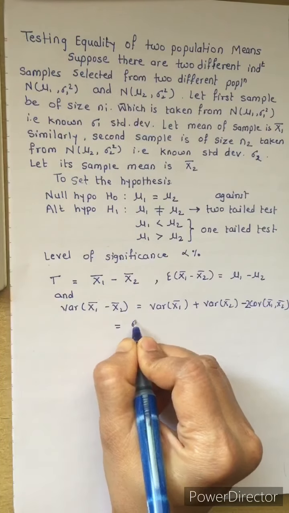Now next we need to calculate the critical region for the two-tailed test and the one-tailed test. For H1: mu1 is not equal to mu2, it is a two-tailed test.